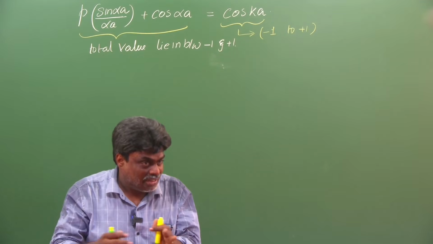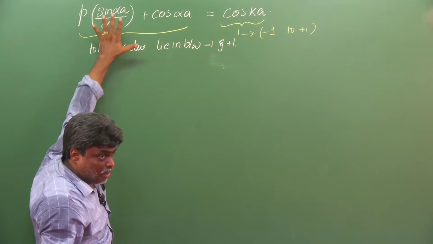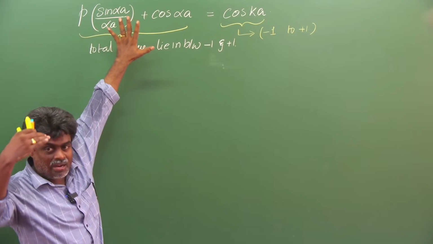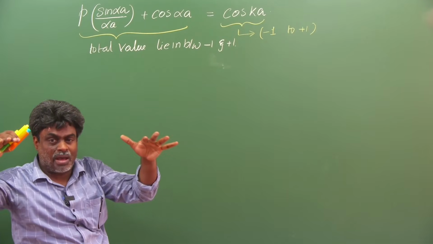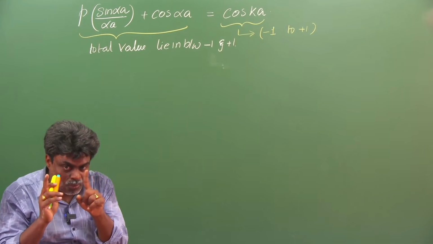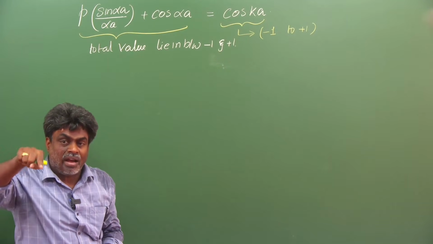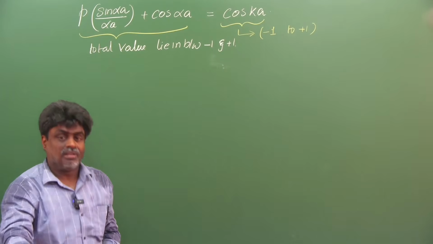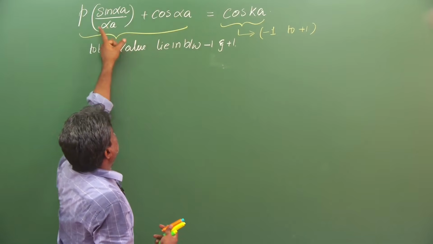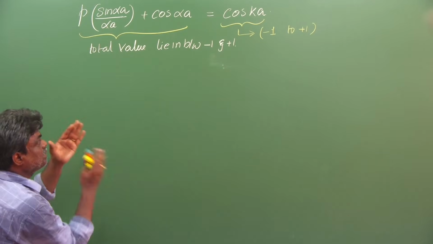Wherever the value of this expression goes below -1 or above +1, all those values are forbidden. So you are having the spectrum only in a region of alpha A values for which we get this entire expression value within the limits. If you didn't understand this statement, read the book once again.